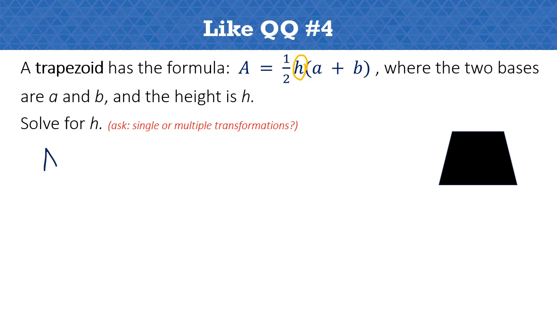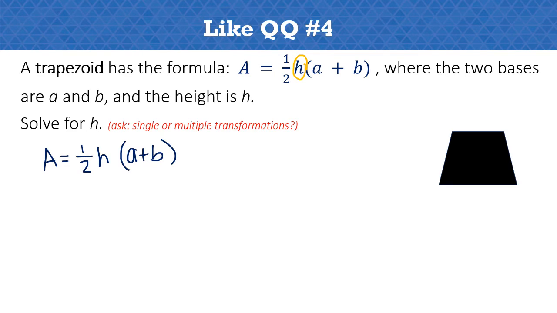So once again, I'm just going to write this down here. Now let's look at what's being done to that h. We're multiplying the h by 1/2, and we're also multiplying the h by that a plus b. So let's first get rid of that multiplying by 1/2. Remember, to get rid of multiplication, we have to use division.